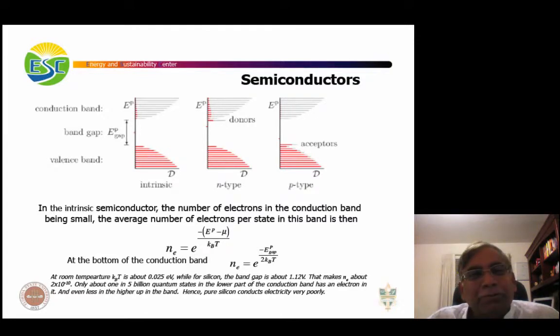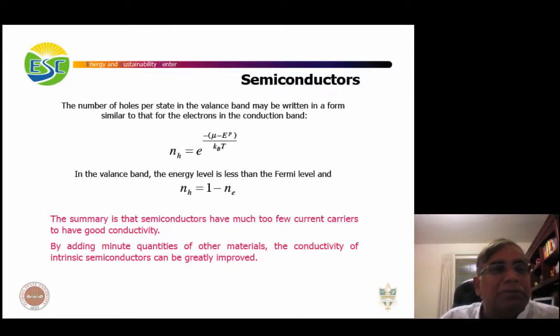And so when you bring these two together, then it becomes a very effective conductor for all practical purposes. Of course, before we do that, the number of holes per state in the valence band may be written in this form here. In the valence band, the energy level is less than the Fermi level, and the number of holes is nothing but 1 minus the number of electrons.